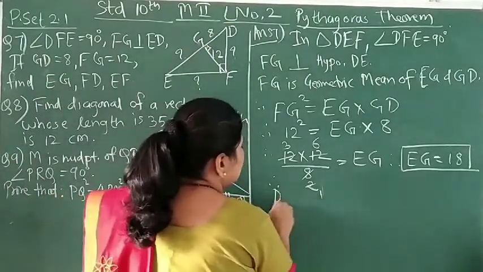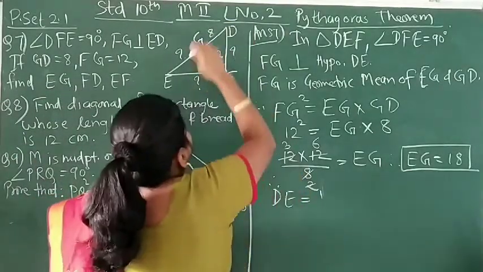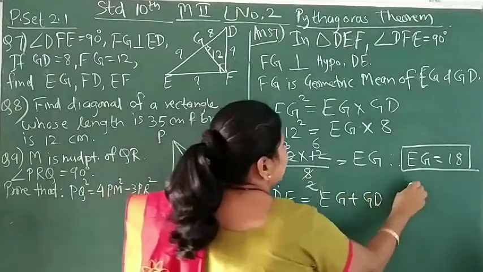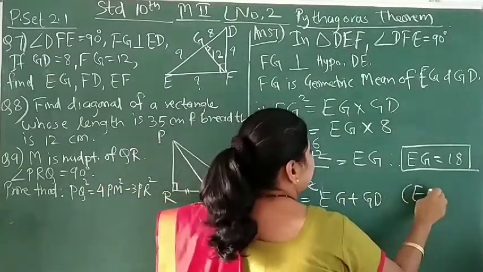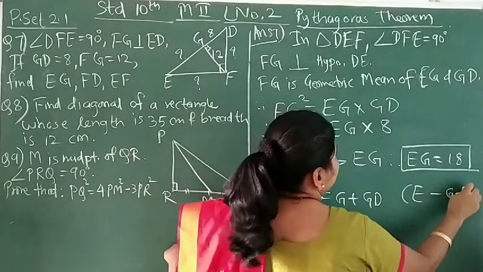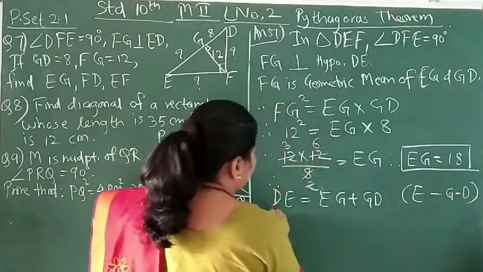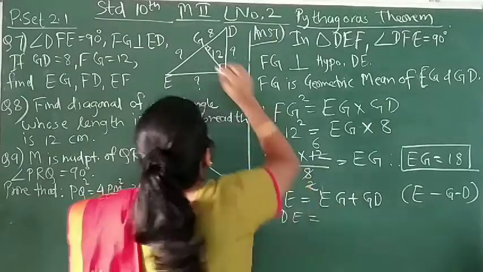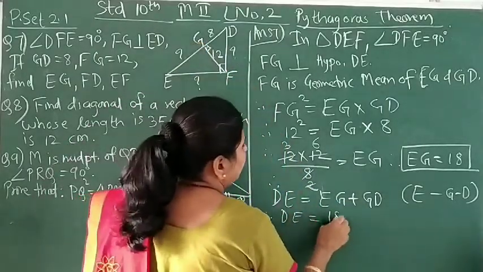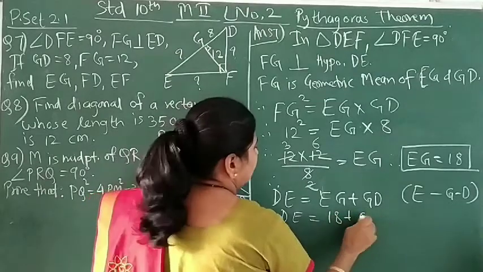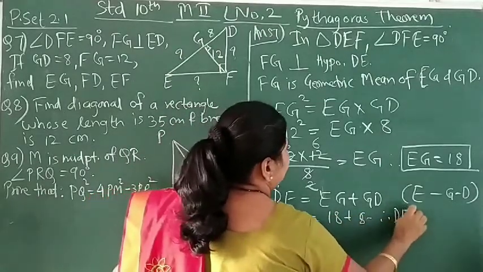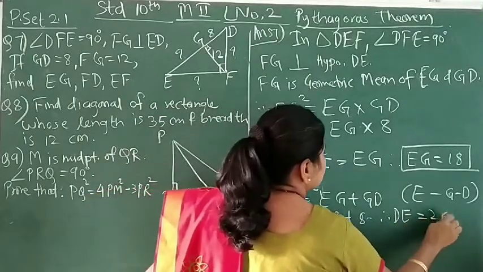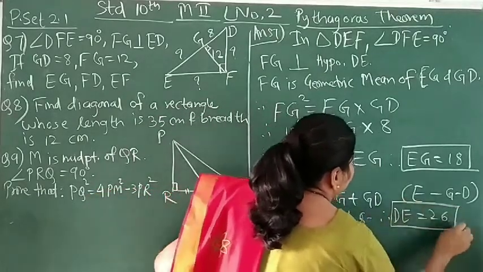DE is nothing but the addition of EG plus GD, because from the figure we know that the points are E, G, D in this order, and therefore DE is going to be equal to EG plus GD. That is, here we got 18 plus 8, therefore DE is equal to 26. Okay.